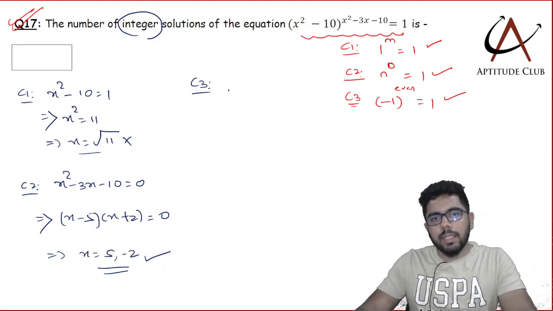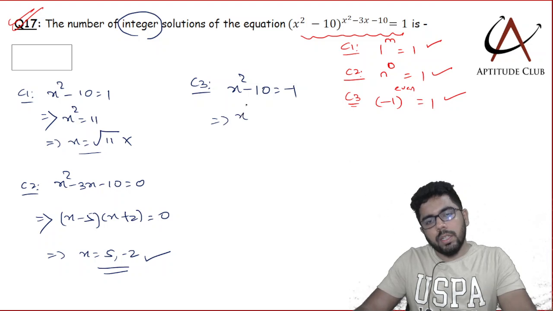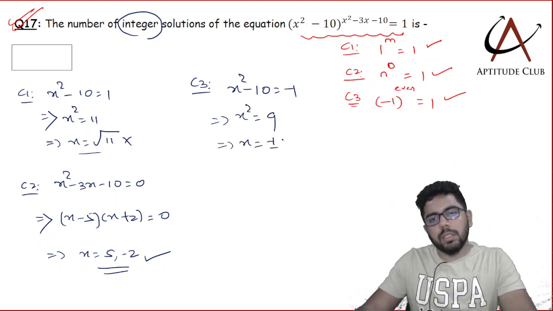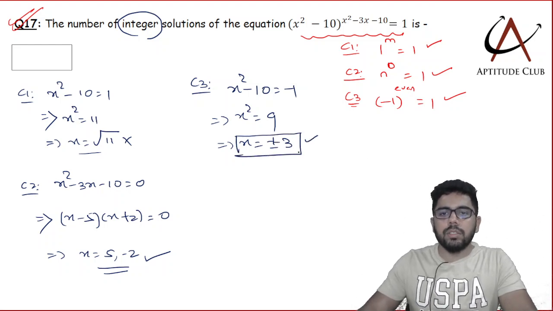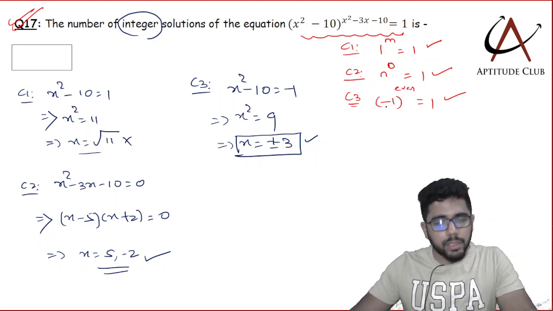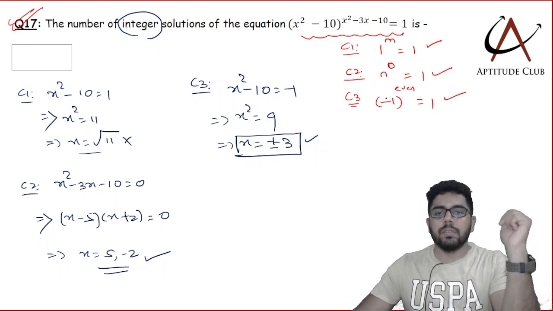In the third case, I'll take the base as minus 1 first. So x square is equal to 9, so x is plus or minus 3. But this is not the end of it. Base is minus 1, and for that particular value of x, you should get the power as even.